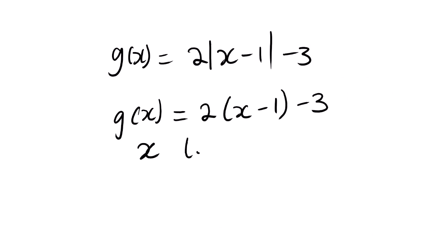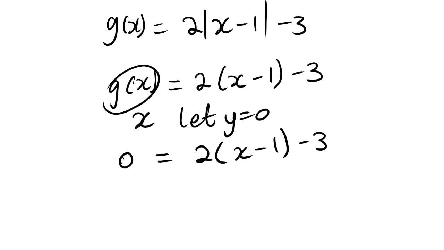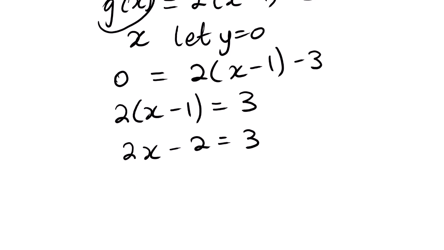For solving for x, we let y be 0. So this is our y, it's 0, it equals 2x minus 1 minus 3. Transposing this to the other side, we have 2x minus 1 equals positive 3. And then from here we have 2x minus 2 equals 3. And then we have 2x equals 3 plus 2.